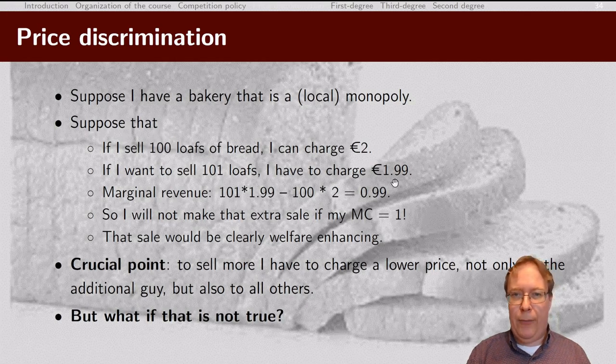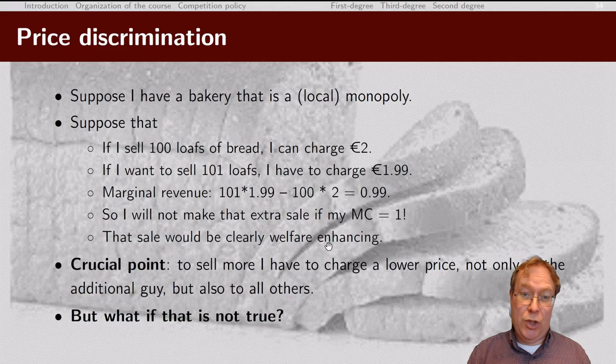If I lower my price to 1.99, then this additional person wants to buy this loaf of bread. But all the other people now also pay 1 cent less. And that is exactly the reason why my revenue increased by much less than 1.99, right?